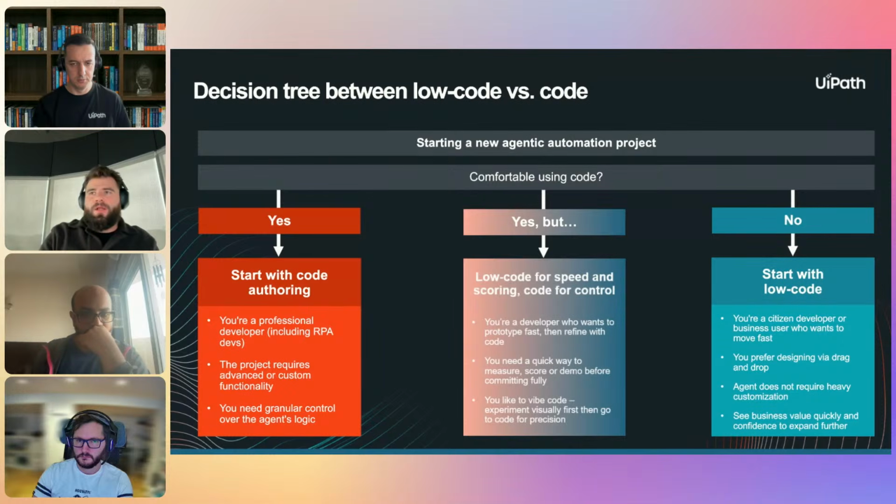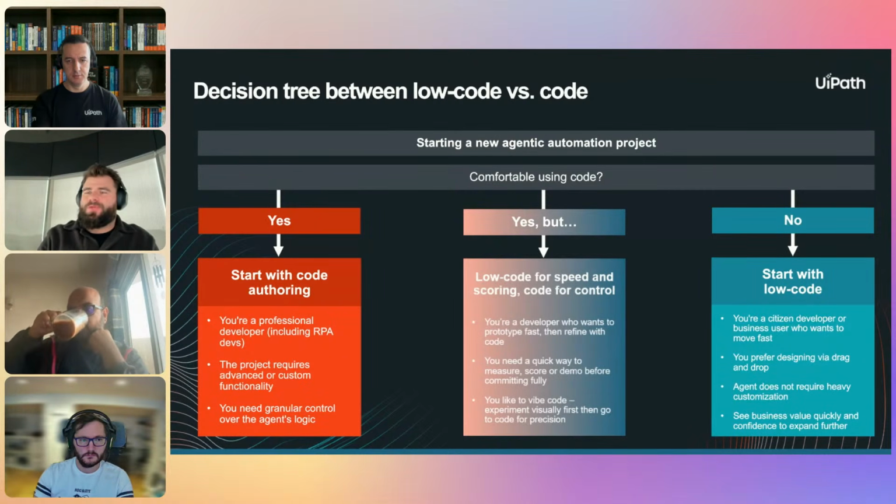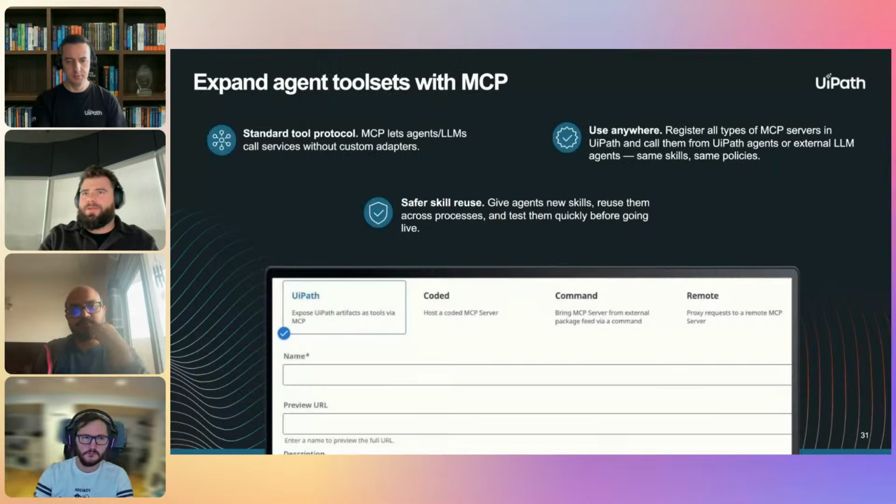If no, low code would be a very good start, and UiPath provides a very compelling offering in terms of low code agent building. And there is the middle ground where you might be comfortable writing code, but you maybe need a local tool to prompt the agent for rapid prototyping and testing things out. That would be a very common use case for using a low code, even if you're comfortable writing that code.